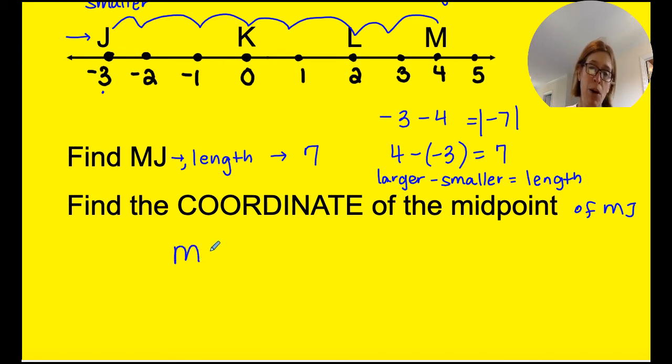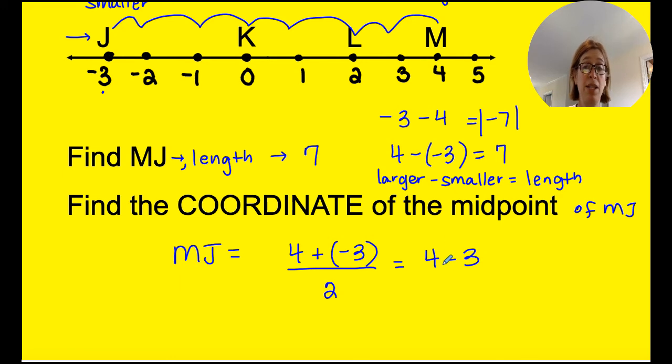So let's see if that works. To find the average of MJ, we add the endpoints and divide by 2. So that would give me 4 minus 3, because it was a -3, divided by 2, which would give me 1/2.